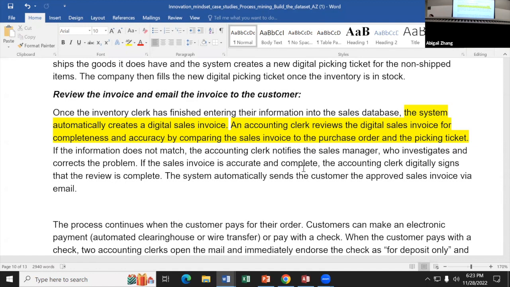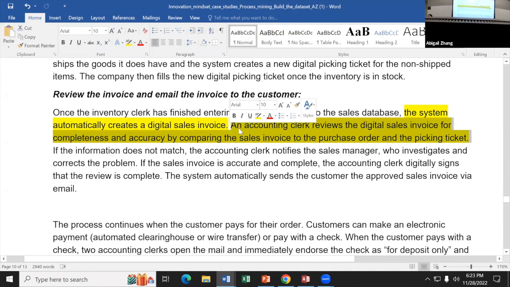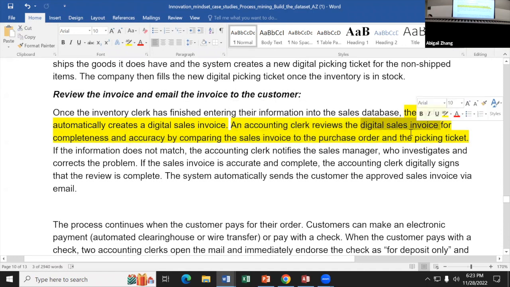Here, what this task is doing is that before they even recognize this as revenue, they want to make sure this sales invoice has the correct information. For example, I'm just making this up. Let's say Jaden ordered 10 computers, right? And then we shipped 10 computers to him.